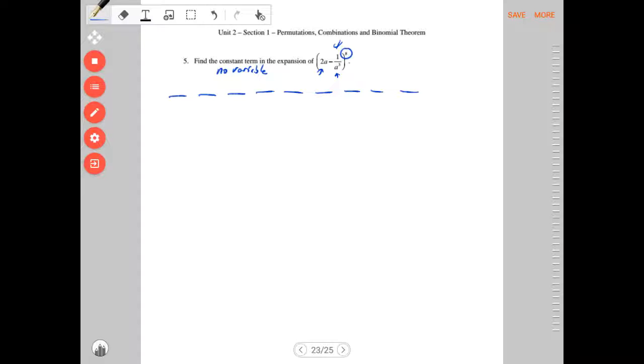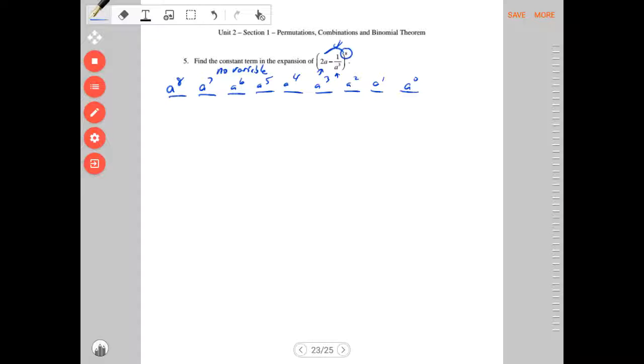Okay, so there's numerators and denominators. So the first one is going to be, now don't even bother with the 2 for this part. It's just the a's we're looking at. So it's going to be a to the 8th. Okay, and then next one's going to be a to the 7th, a to the 6th, a to the 5, a to the 4, a to the 3, a to the 2, a to the 1, a to the 0.